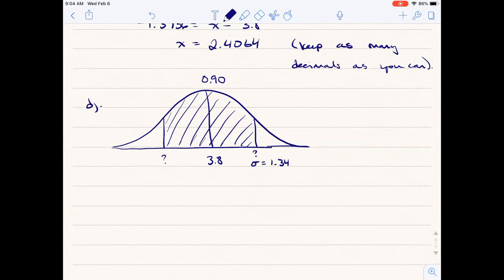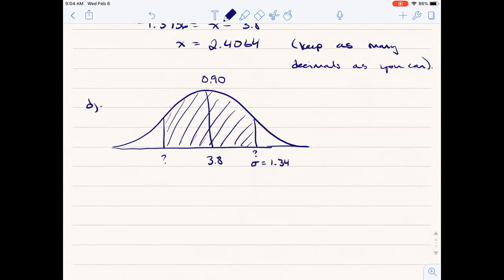Same situation: we've got the area under the curve that we know, and we want to solve for what values cut this off. What's nice is that if this is a central 90%, then the area in the tails is going to be the same. We've got 0.1 left over, split evenly amongst the two tails.